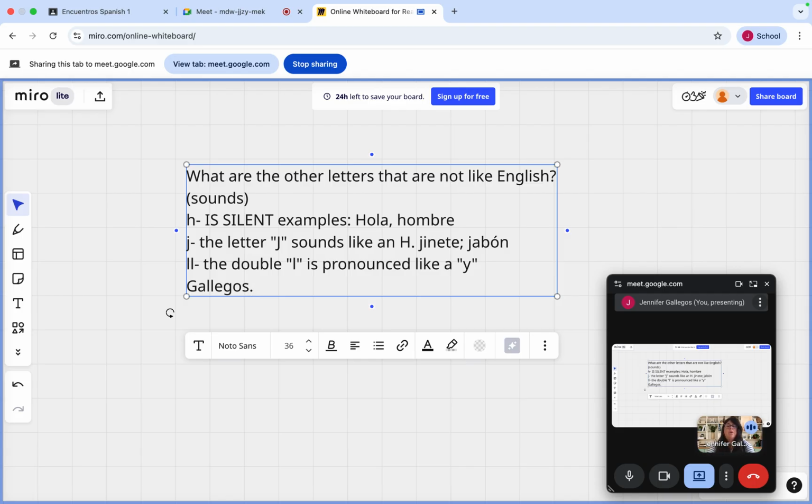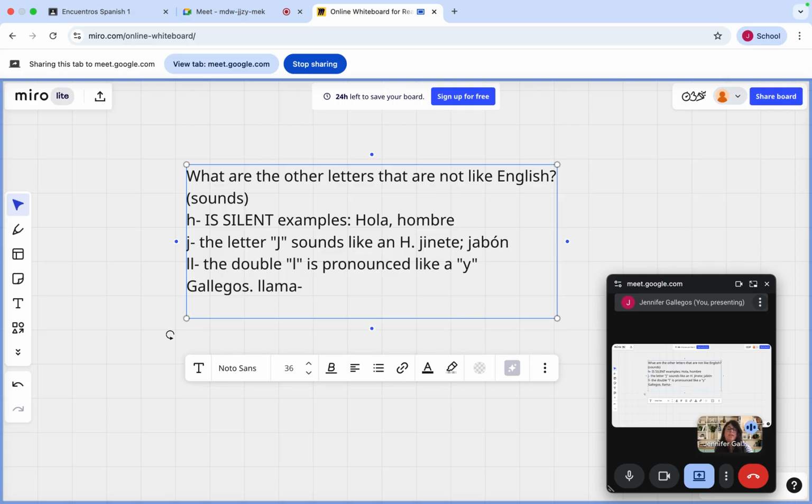If you had the word llama, okay, this is how we pronounce it in English, but in Spanish, it's pronounced yama. It's not spelled that way, but it's pronounced as a Y, okay? Another letter that Spanish has that we do not have in English is the letter ñ. The ñ, okay, notice it has a little squiggly mark over the N. Whenever you see that little tilde over an N, you're going to pronounce it like NY.